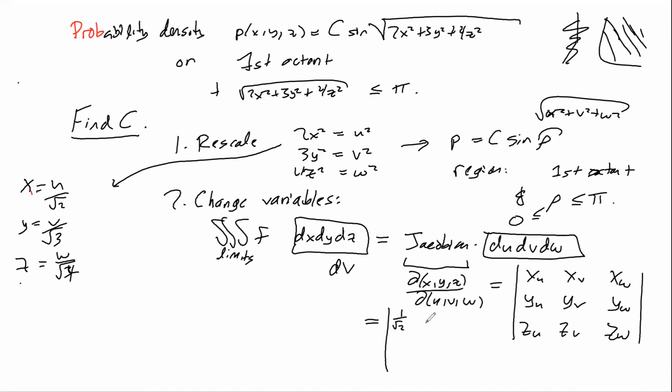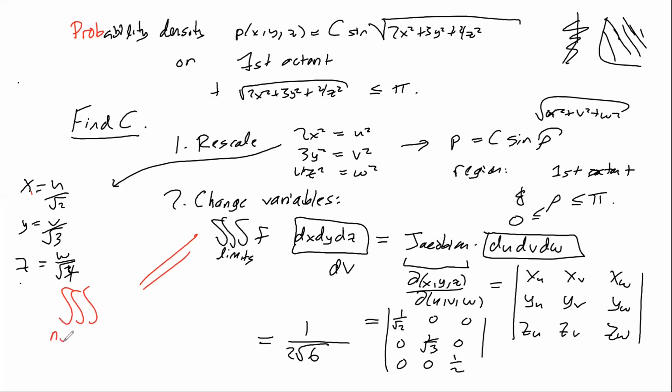So you end up with 1 over square root of 2, 0, 0, 0, 1 over square root of 3, 0, 0, 0, 1 half. So that determinant evaluates out nicely. So you end up with, once you change variables, a triple integral over new limits. So then it's f of rescaled variables, and then it's times 1 over 2 root 6 du dv dw.